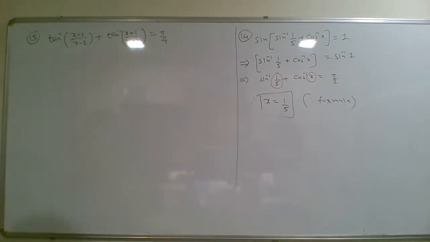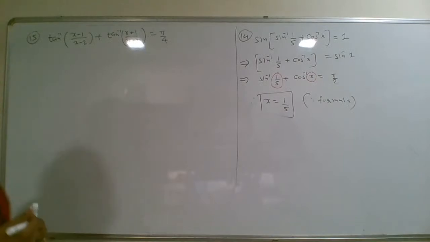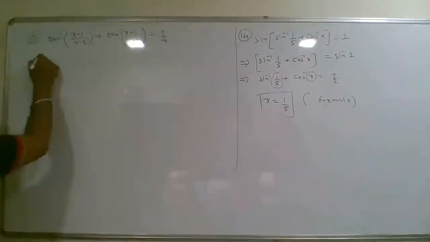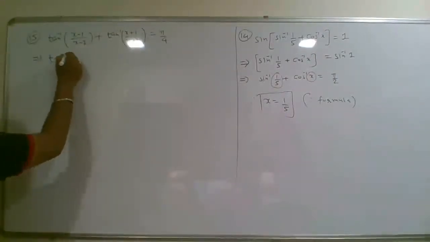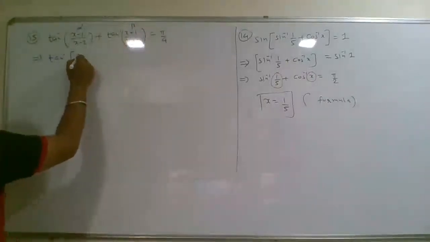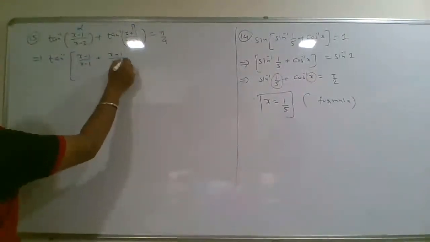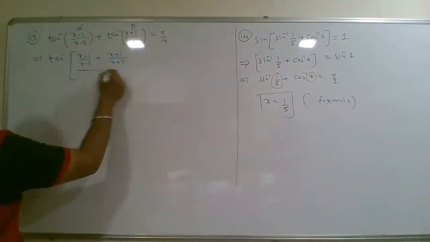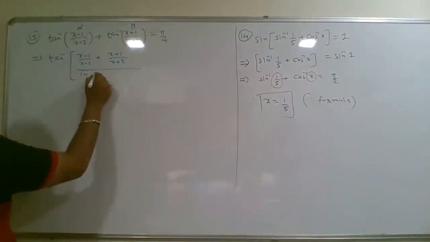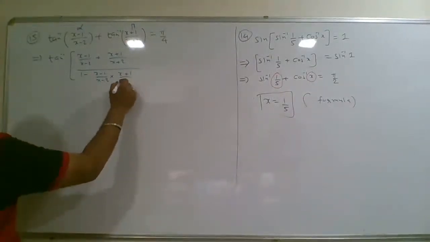Find the value of x. Find out x. Okay. So applying the formula of tan inverse alpha plus tan inverse beta. Suppose it is alpha, it is beta. The formula is tan inverse of alpha plus beta whole divided by 1 minus alpha into beta.